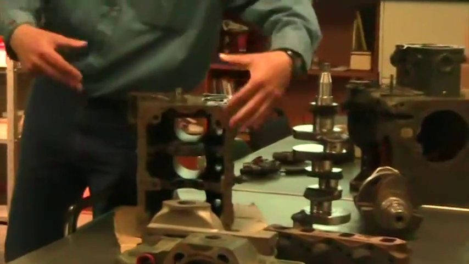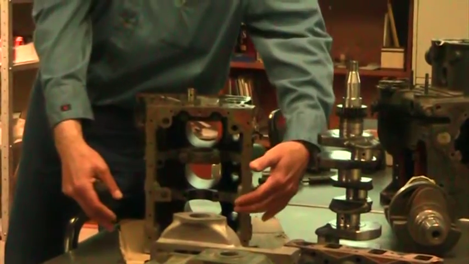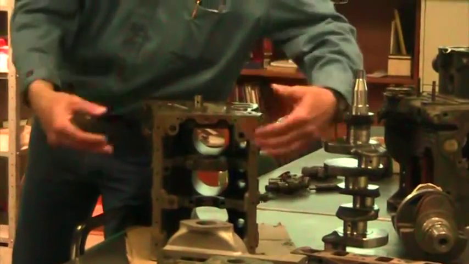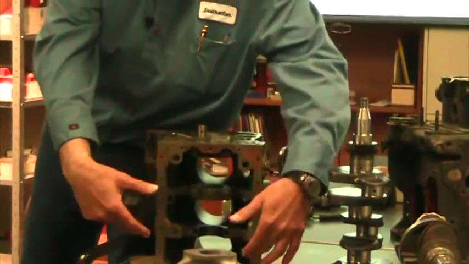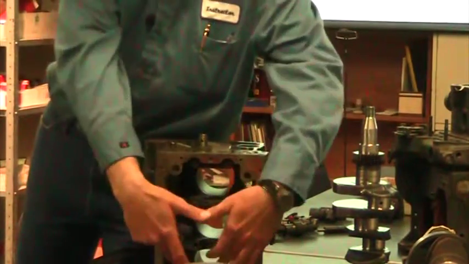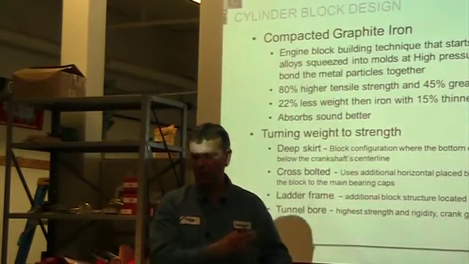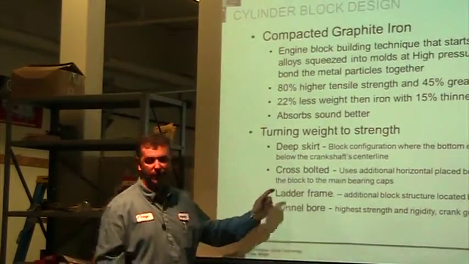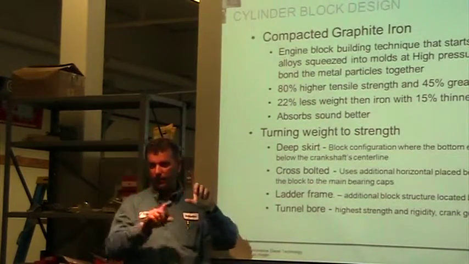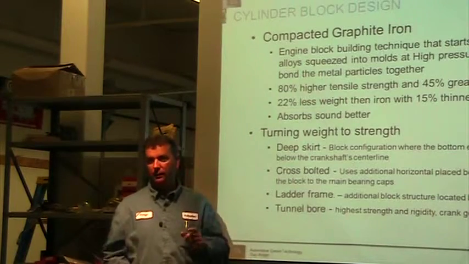And because it's all one piece, instead of having individual main bearing caps, I could bolt it on the outside and bolt it on the inside, and I would spread that stress out and tie the block together in a lot of ways. And because it's going all the way across each one, it has the look of a ladder. If you took it out, it would have the main bearings and the end bearings, but it's all one.